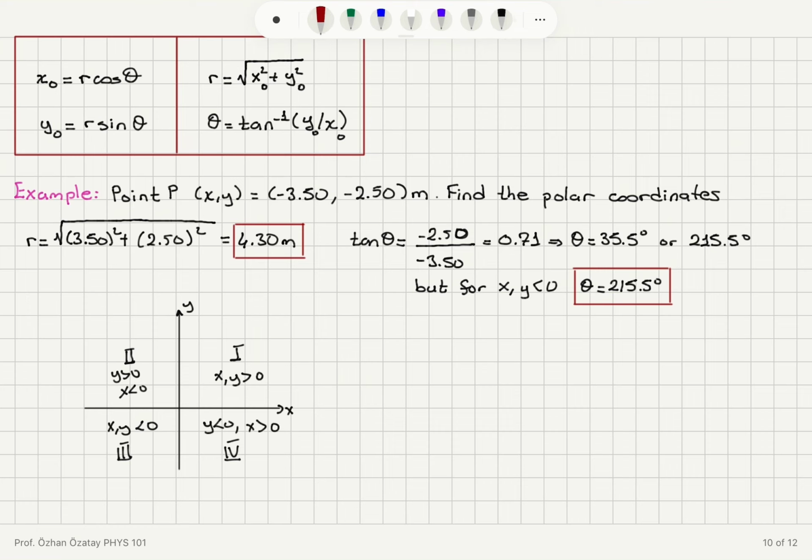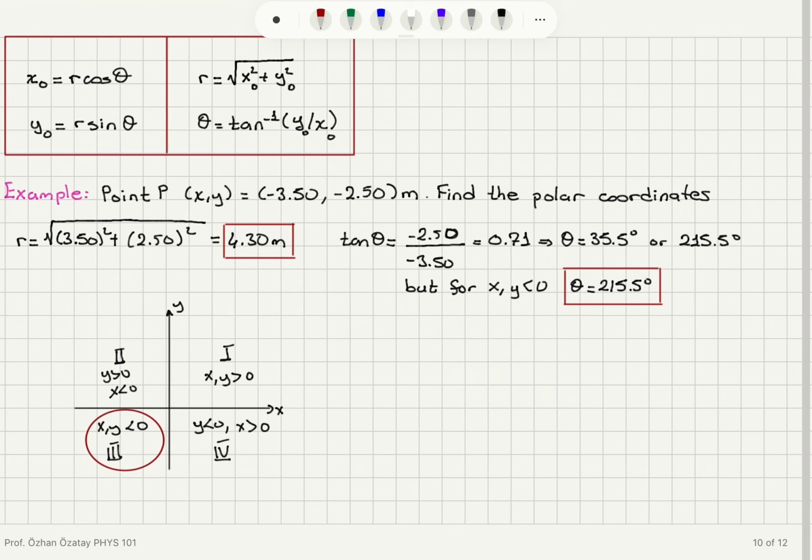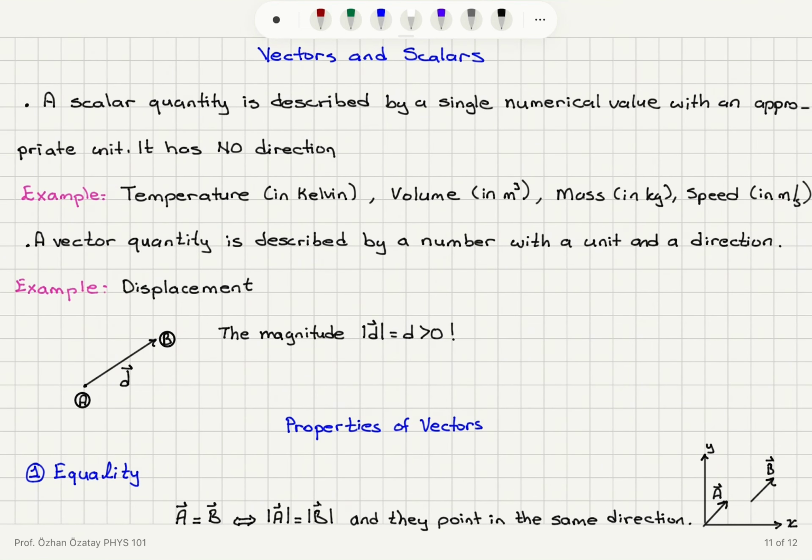Because our point is minus 3.5, minus 2.5, we are definitely in the third quadrant, so the angle cannot be 35.5 degrees. The angle has to be 215.5 degrees.